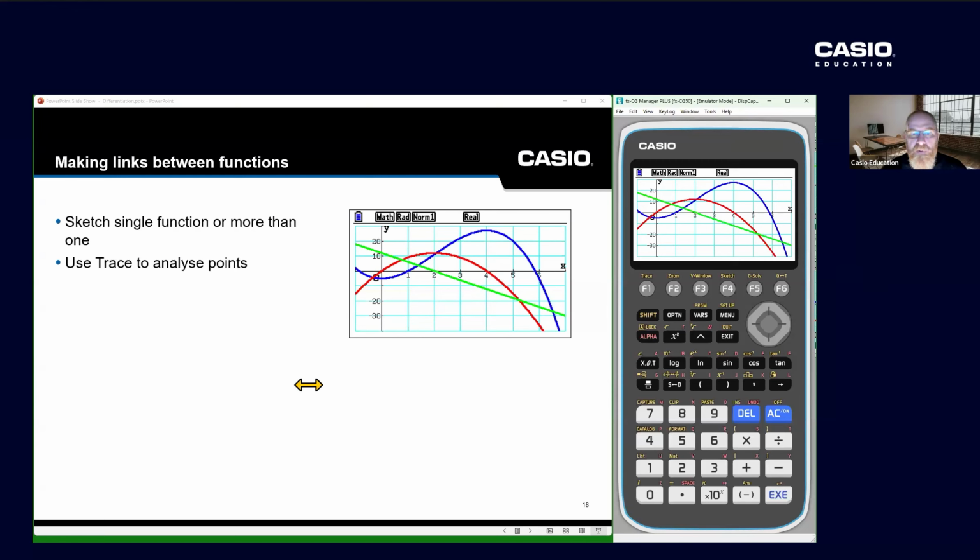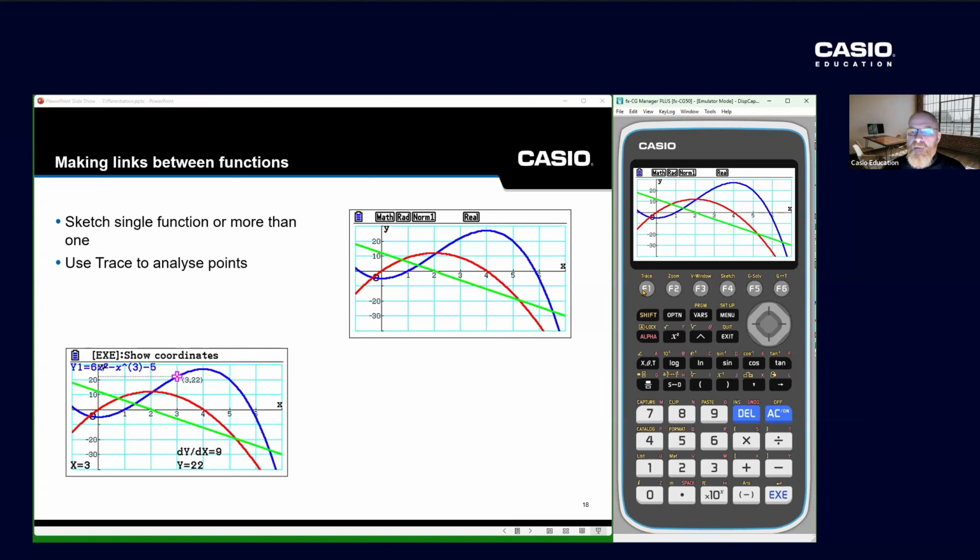We can analyze points using trace, which is quite useful. So let's do shift trace. It automatically toggles to Y1 at the center of my screen. So I've got 322. You can scroll along, but you can see you may not necessarily hit the value of X in this case that you want. So you can just enter a value if you need.